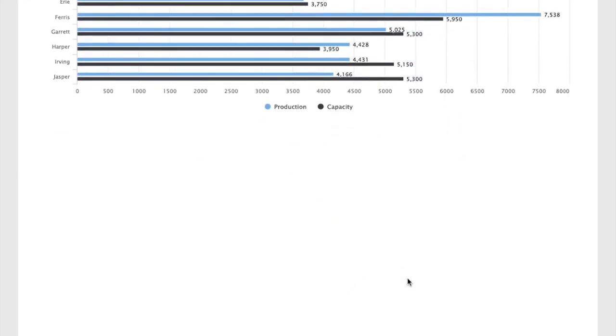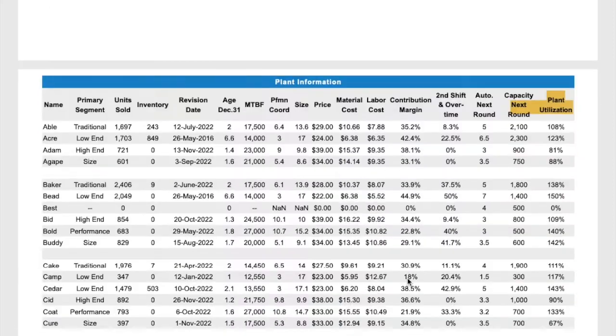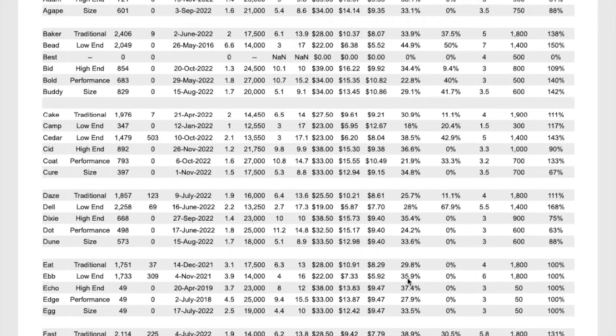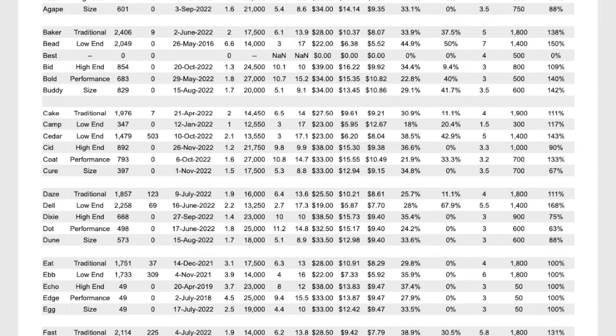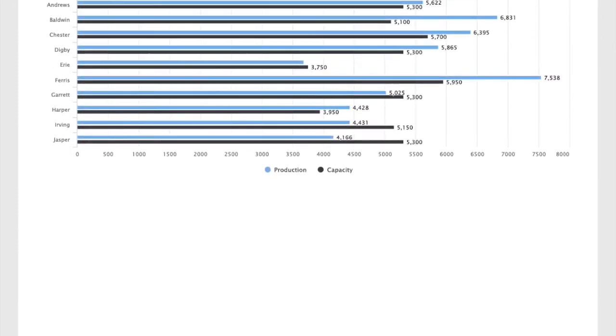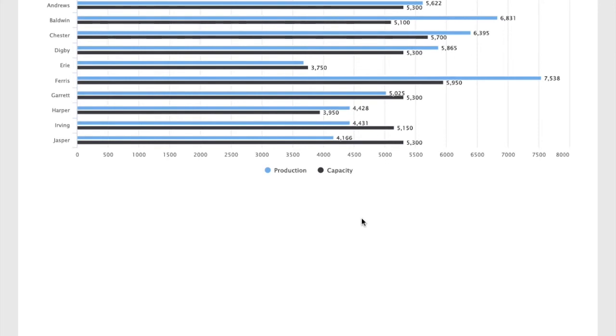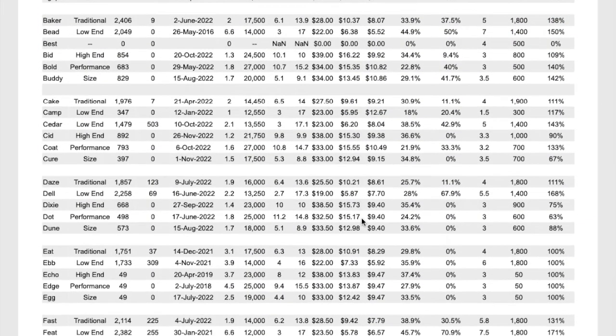It can be due to many reasons. In these slides, I'm going to show you plenty of information. Let's see the teams Ferris, Baldwin, and Chester.